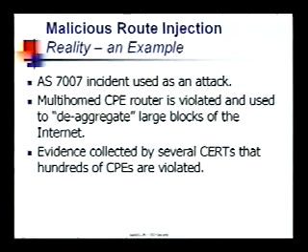Our headaches with this have been more operational, right? So the 7007 incident. What if 7007 is used as an attack? This is the sort of thing we're worried about now because we have all these multi-homed CPEs.